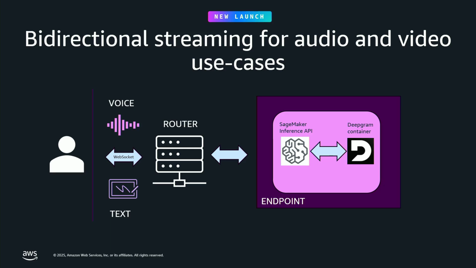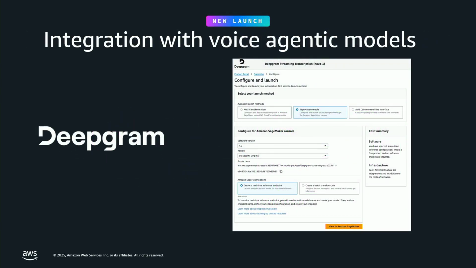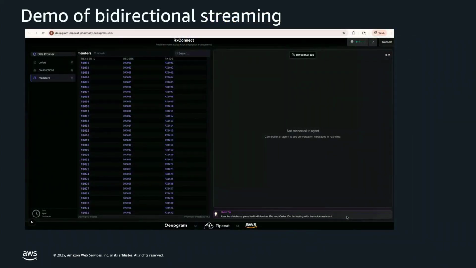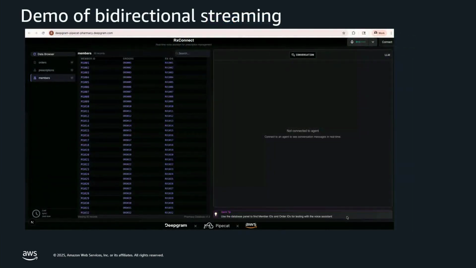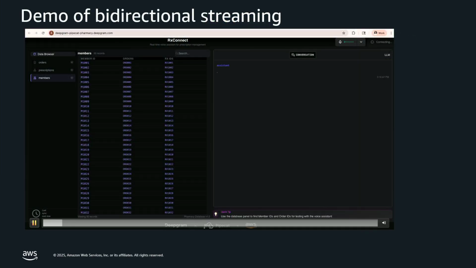The response keeps coming in as the real-time transcription happens as you are speaking, right? So it's super efficient. And we also have a demo on how this works. We also partnered with Deepgram to bring their models natively into SageMaker. So you can just go to Marketplace, go to Deepgram, and select some details and directly deploy to SageMaker.